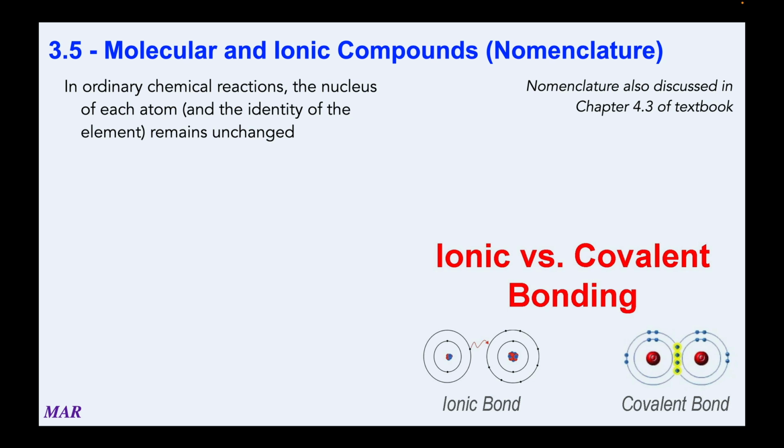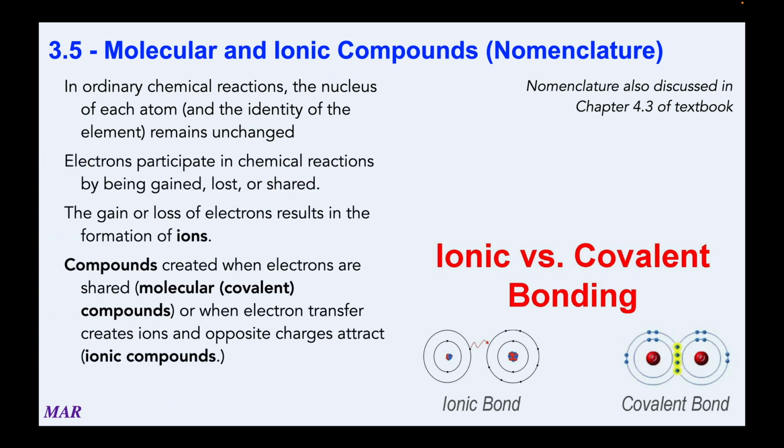But anyway, in ordinary chemical reactions, it's usually not the nucleus of the atom that changes, but the electrons around it. And there's two types of bonds that can be made. You can think of these bonds as being the glue that holds electrons together. You can make ions, which is when an electron is actually transferred from one atom to the other.